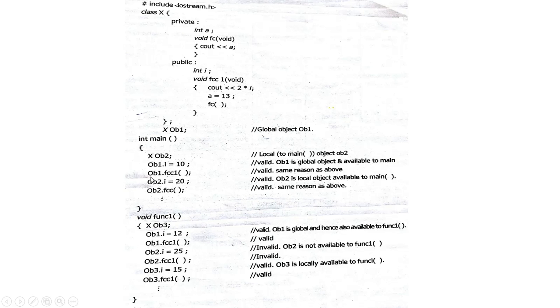Therefore ob2 is local there. You cannot use ob2 outside that function, but you are using it here. Therefore this is invalid. Again you are using ob2. This is invalid. Now we are using ob3 here. Now ob3 is local to this function. Therefore this is valid. And again we are using ob3. This is valid because ob3 is available to this function only.